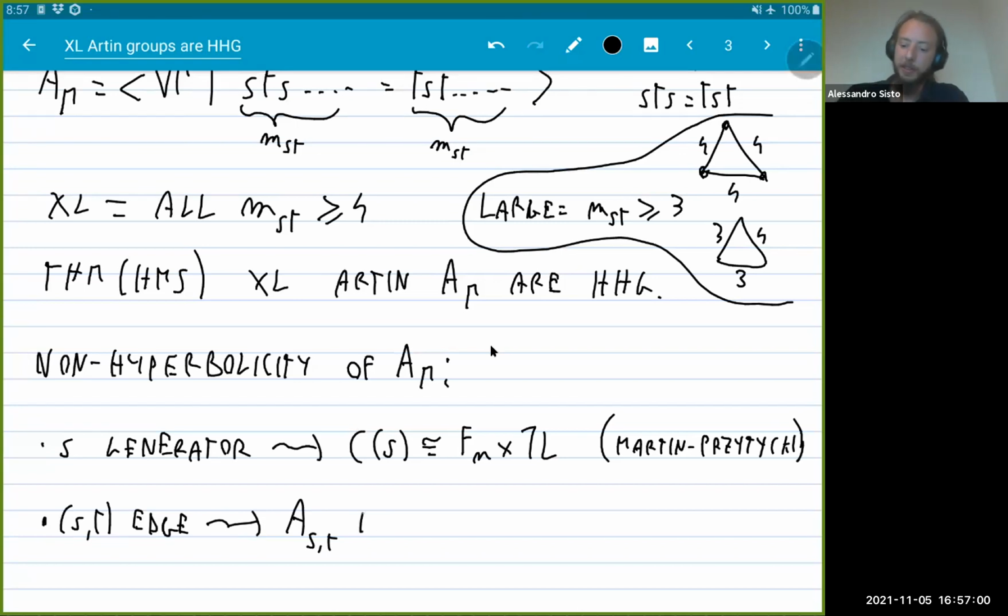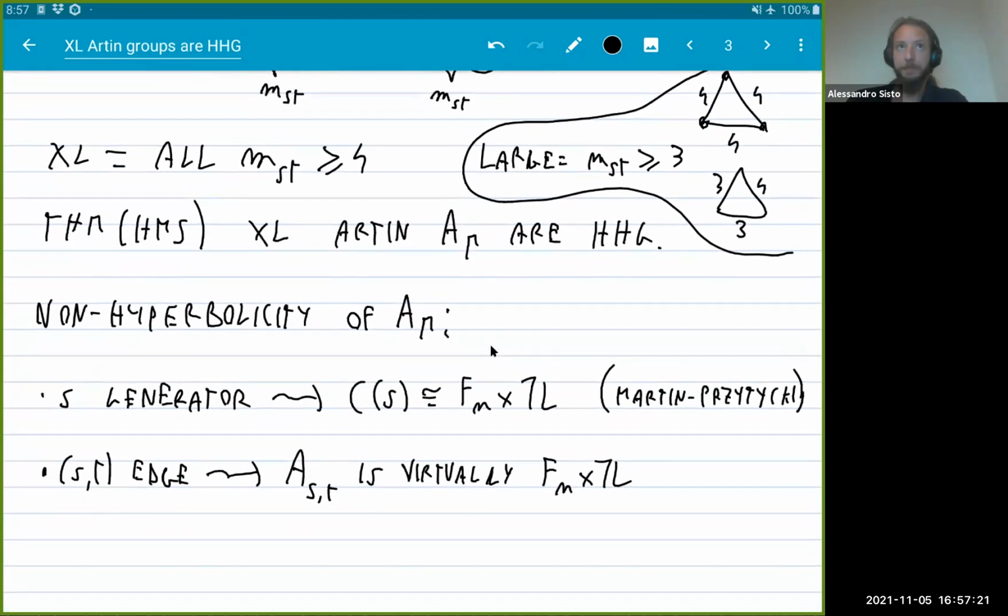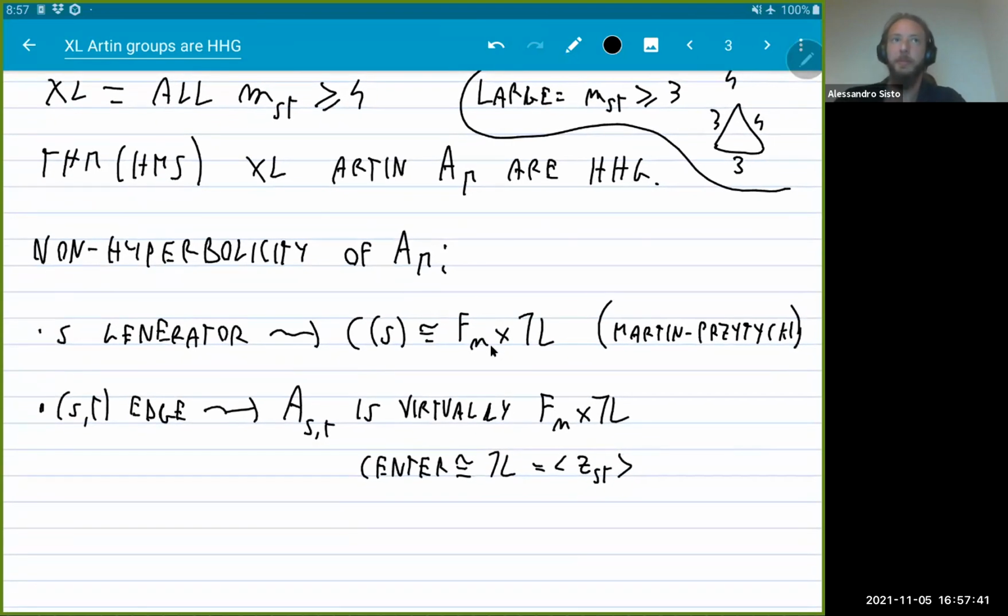And this is almost a product, so it's virtually an Fn cross Z. More specifically, it is a central extension of a virtually free group. So the center of the central extension is Z, generated by some particular explicit element, which is called ZST, but I'm almost running out of time.